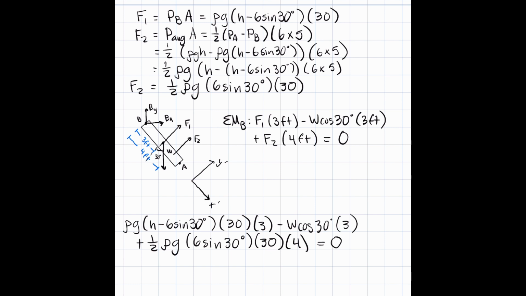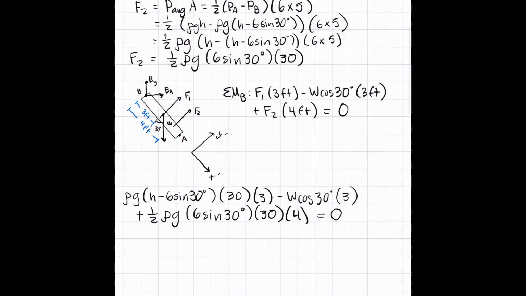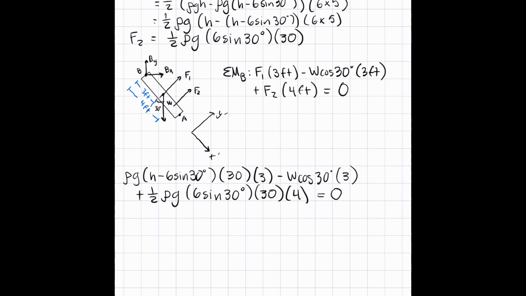All right, so now that we have this, we can go ahead and start plugging in some final numbers. We know that the density is equal to 1.94 slugs per feet cubed. Again, standard units, so I'm not going to write them out. We have the gravity, just known as a constant, 32.2 feet per second squared.